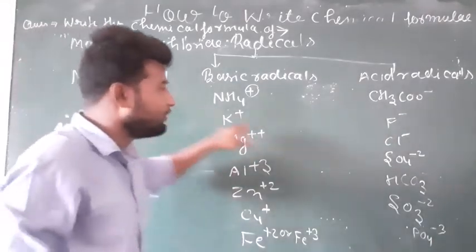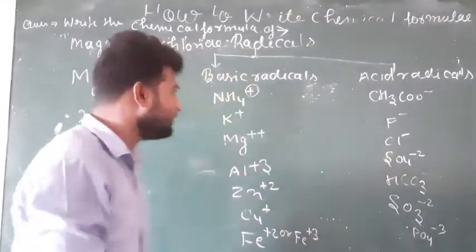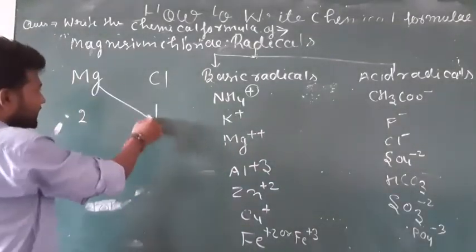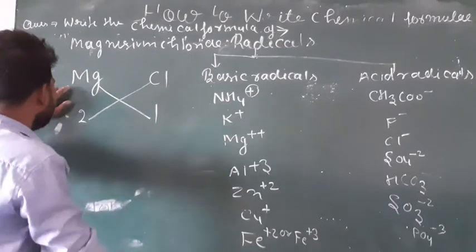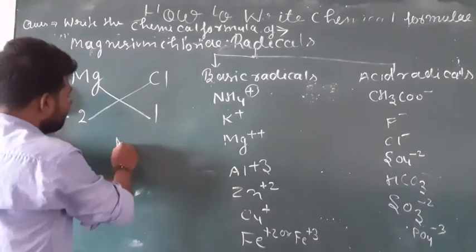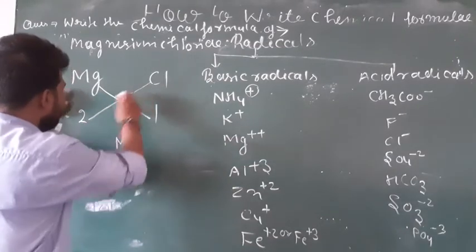Chlorine valency with the help of charge: how many charges? 1 charge. Interchange the valency. What do you get here? Magnesium number 1 and chlorine number 2.